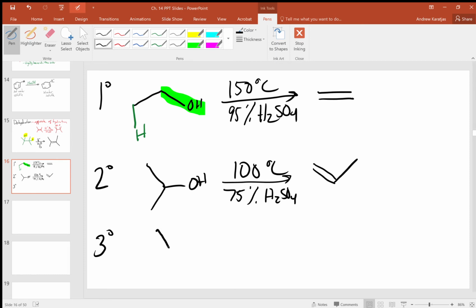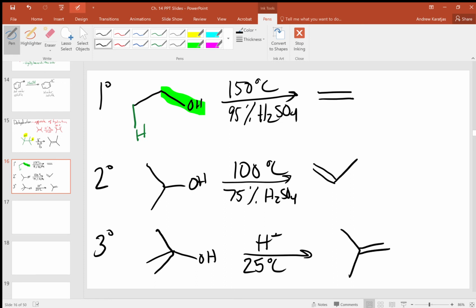And then finally, a tertiary alcohol just requires dilute acid and typically somewhere around room temperature. And that also gets the reaction to take place. So 3 very different sets of conditions depending on what the starting material is. And again, in each case we're removing the OH group and a hydrogen on the adjacent carbon.